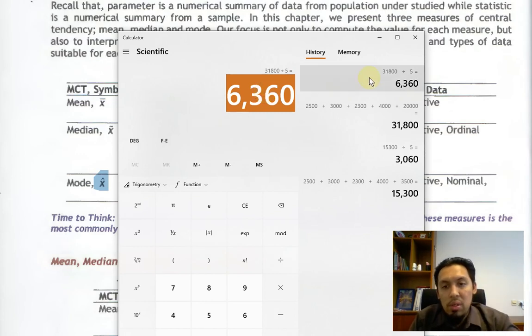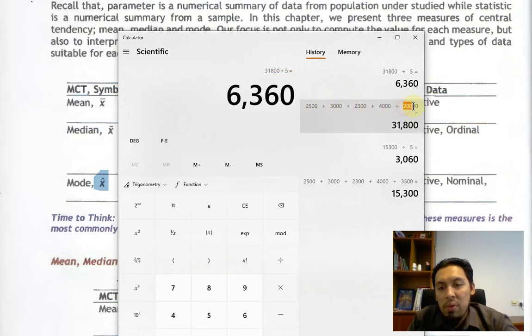Of course not, because as you can see here, their salary is just 2,500, 3,000, 2,300 and 4,000. So basically, you can't say that the average of this is 6,000. It is too much. It is because of this. This is actually the problem.